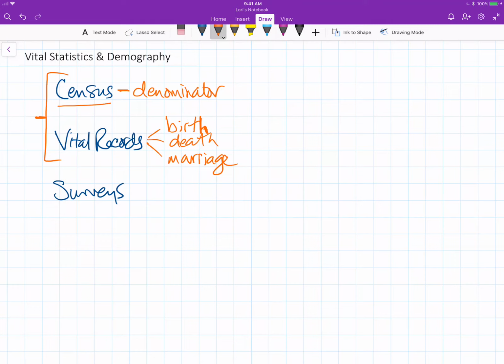Specifically, for example, death certificates include a variety of information in addition to the name of the person. And the cause of death is sometimes tricky to figure out. We don't always know what caused that particular event to occur. We have the cause of death and the underlying cause of death.